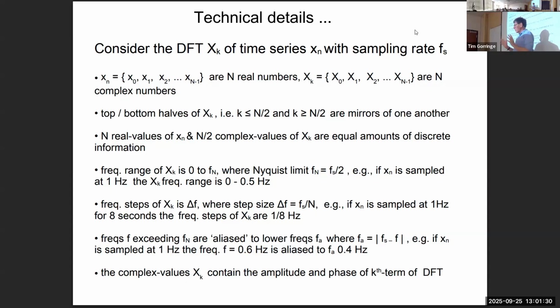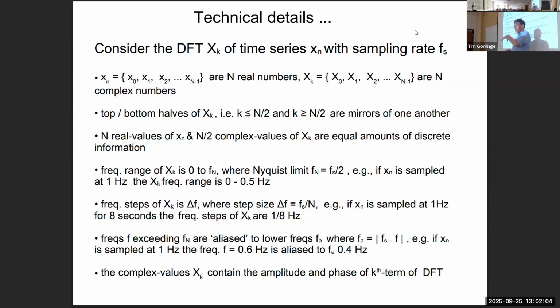Although we have broken that symmetry, and in that sense the two data sets are organized rather differently, there's the same amount of discrete information in both data sets. In the time domain, we've got N real numbers. In the frequency domain, we've got N over 2 complex numbers.